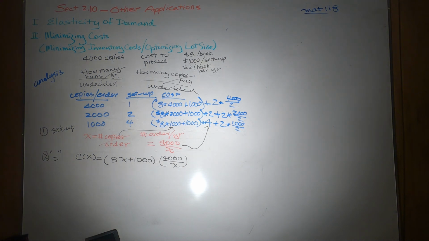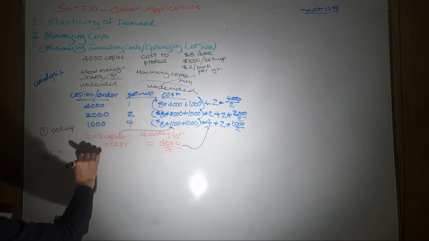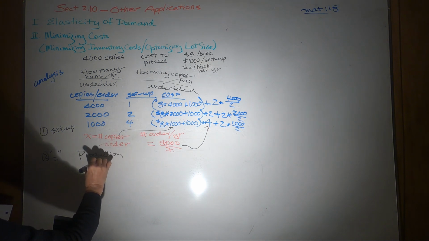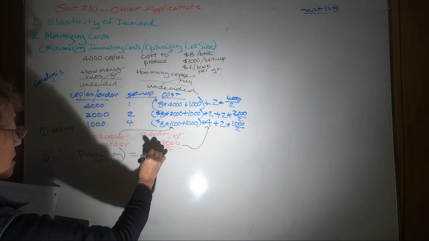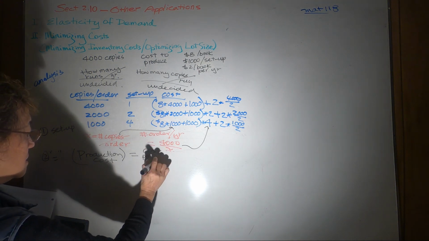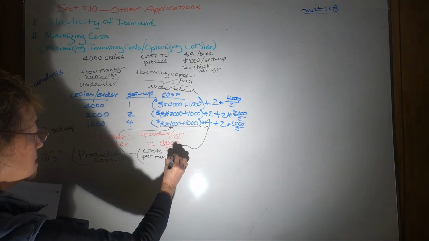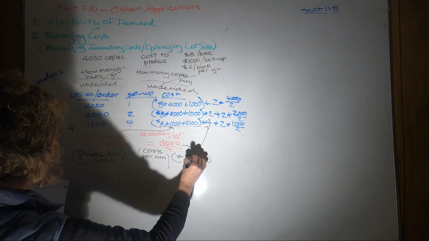right? So let me just write it down first so it's more clear to you. So your production cost would be what? Cost per run times how many runs per year, right?